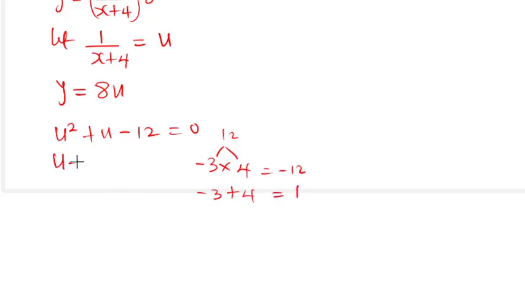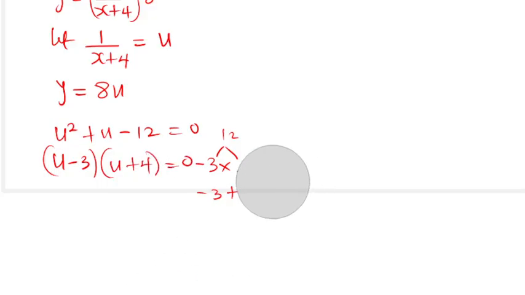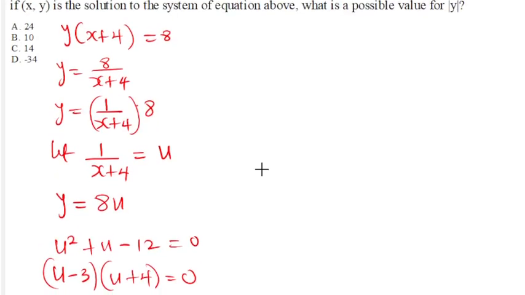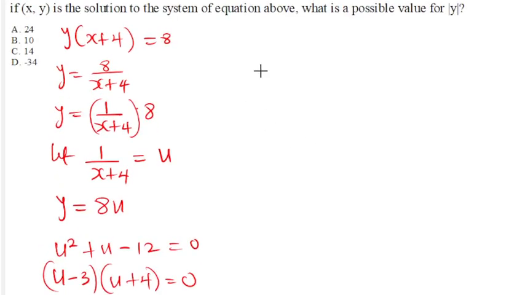We'll have (u - 3)(u + 4) equal to 0. Then either this is equal to 0 or this is equal to 0. Therefore, u is equal to 3 or u is equal to negative 4.